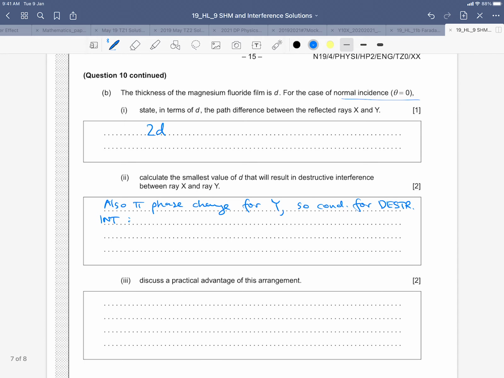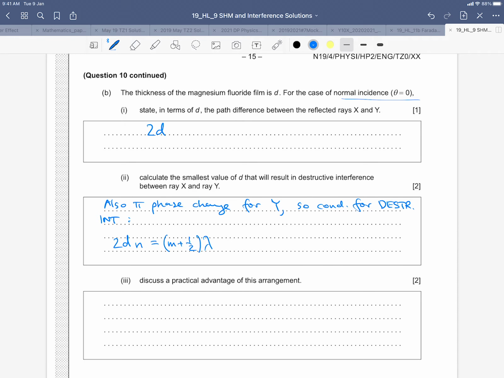So you actually have to be very careful using the formula that is listed in the data booklet, because here we have the following. So it's 2dn, where n is the refractive index of the material in which the light is traveling, and in order to get destructive interference we have to have a half integer multiple of the wavelength.